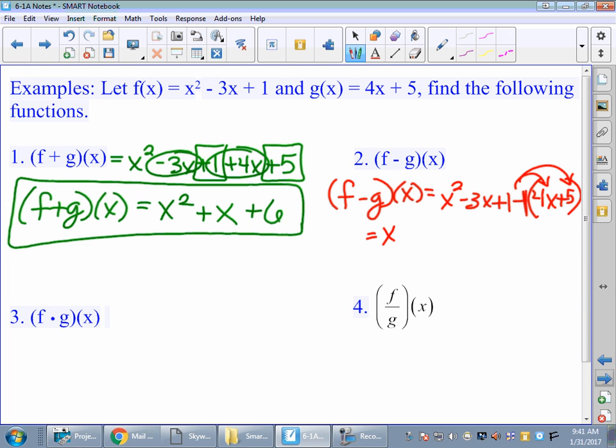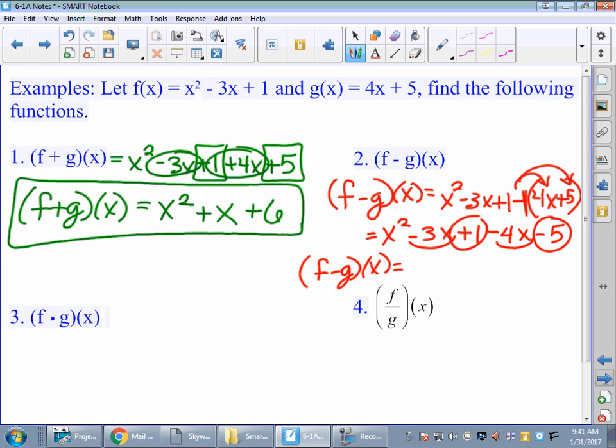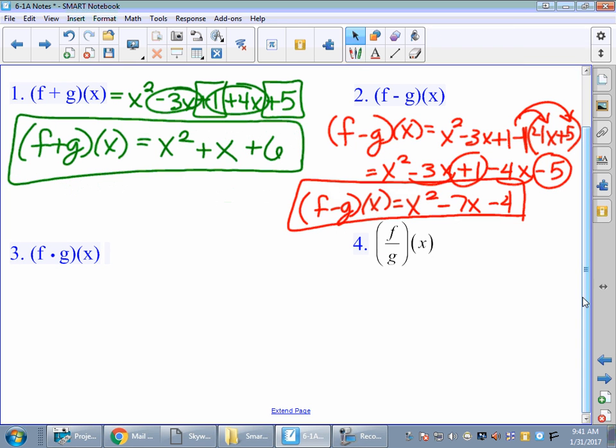So that will equal x squared minus 3x plus 1 minus 4x minus 5. When I combine like terms, I can put the negative 3x and negative 4x together and the positive 1 and the negative 5. So again, I want to put my label out in front. f minus g of x is equal to x squared minus 7x minus 4. And there's our difference.